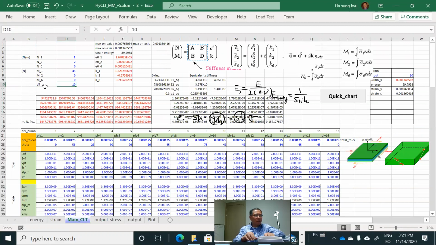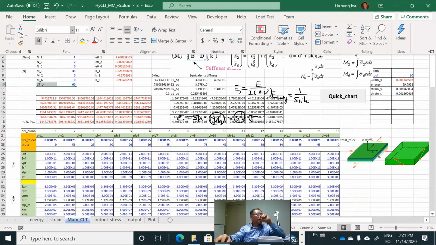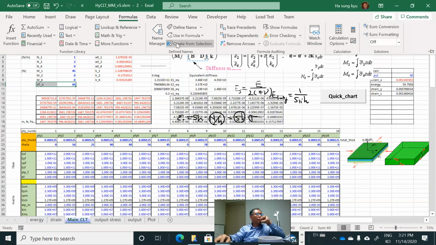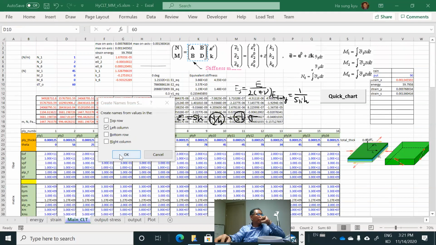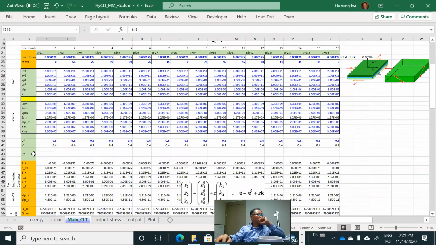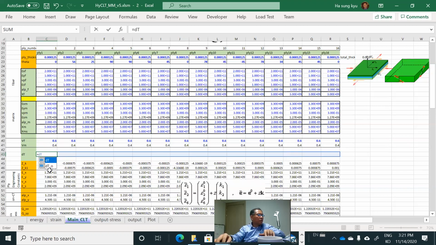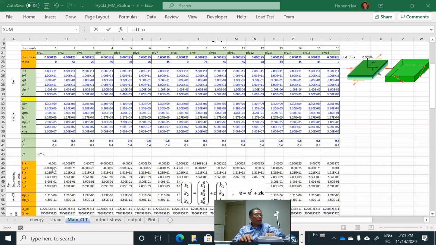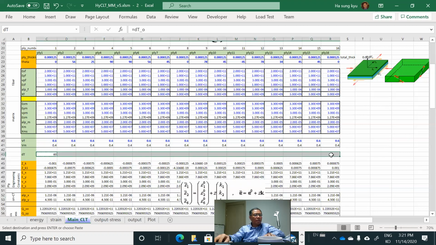I mean, say room temperature to 80, then it is about 60 degrees up, and this is considered as uniform dt.